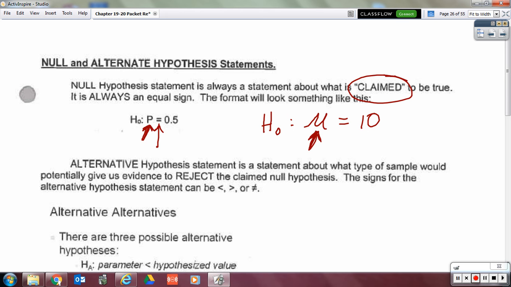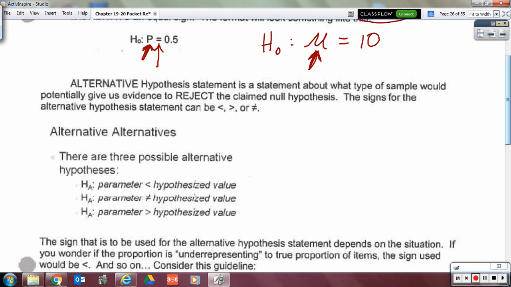Let's think about some of these kinds of words. The alternative hypothesis statement will be either a less than, if we're wondering if they're less than, underrepresented, or fewer than; or greater than, if we're wondering that they are more than.